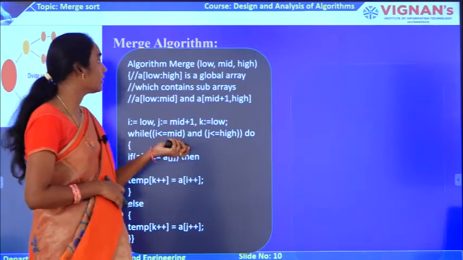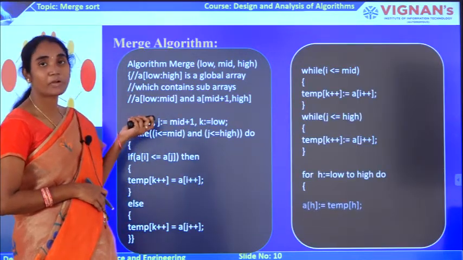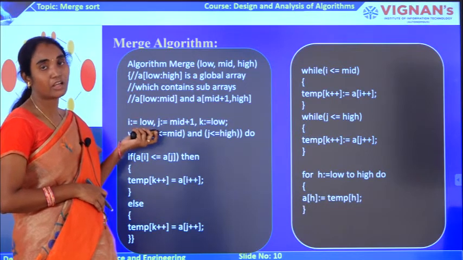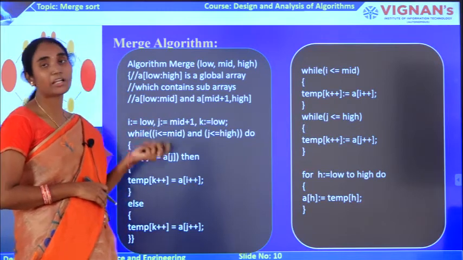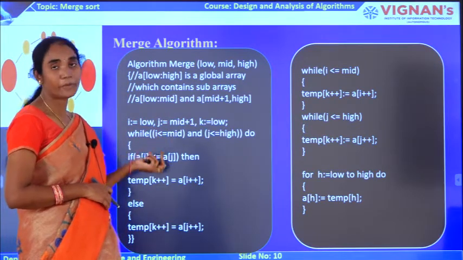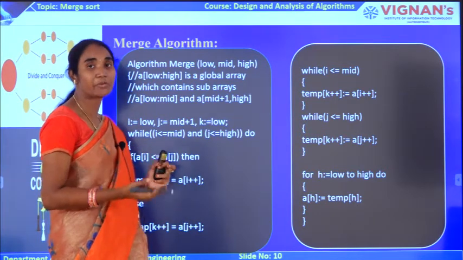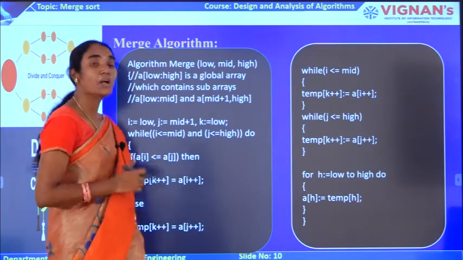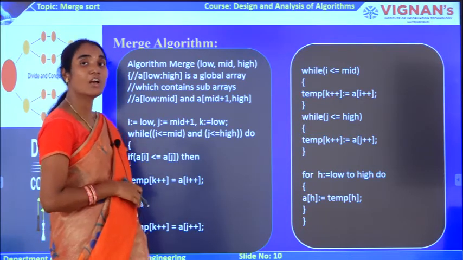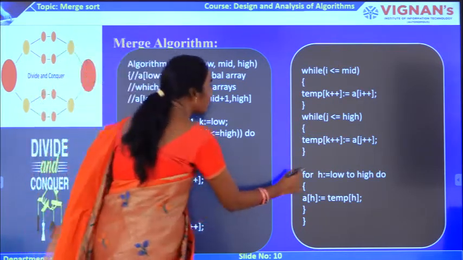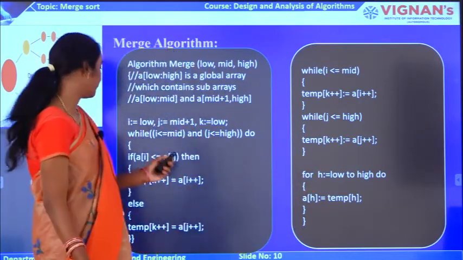So for that, there are these two conditions: if i is less than or equal to mid, the remaining elements left in the array A have to be copied to temporary, and if j is less than or equal to high, the remaining elements which are left must be copied to temporary. Now finally, I am copying all the elements from the temporary array to the given array, so that the given input array A will have the final sorted list. To copy the whole temporary array, we are using this particular for loop.